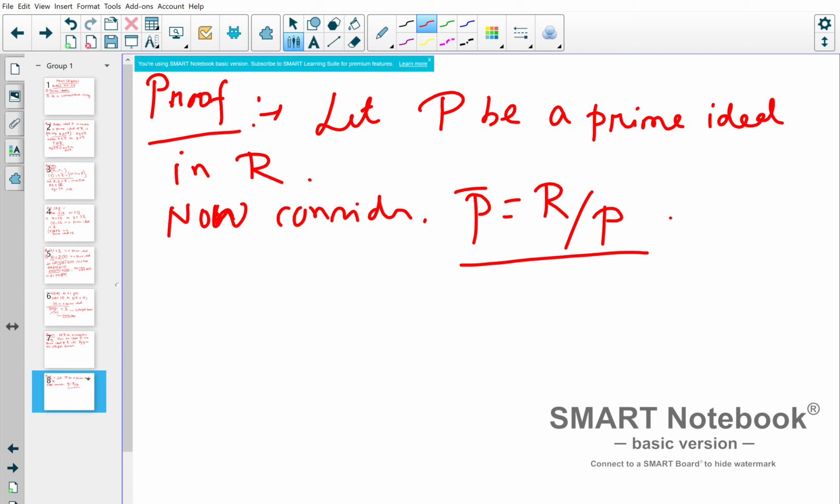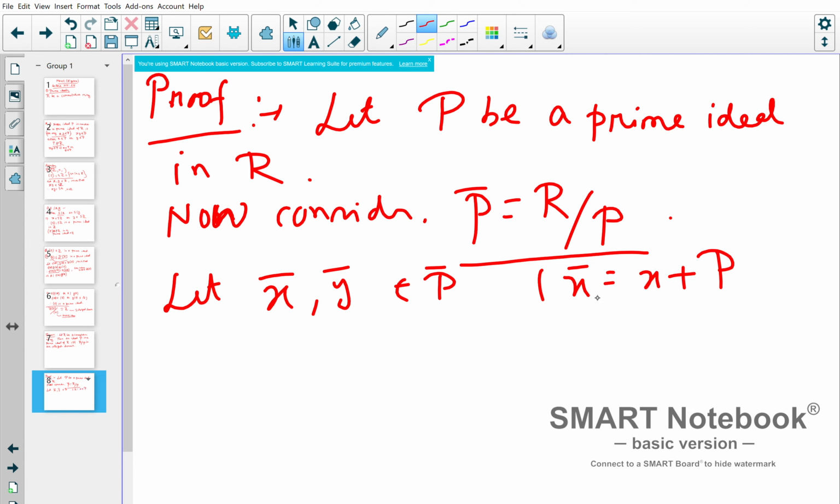Okay, now let me choose two elements, say x bar and y bar belonging to P bar. So what does that mean? That means x bar equals something, say x plus P. This is the quotient ring, right? Similarly, y bar equals some y plus P.